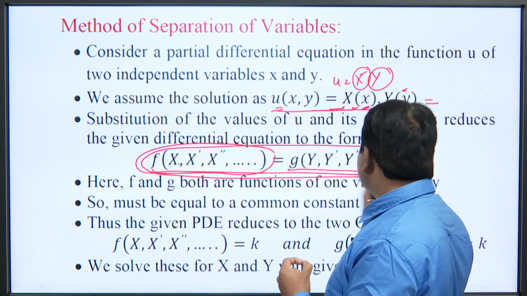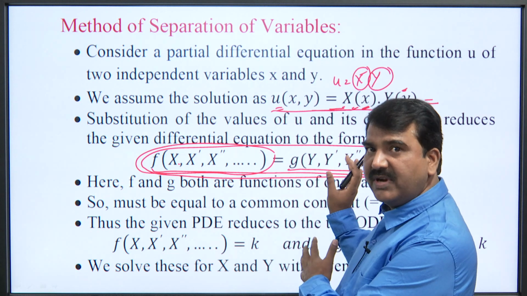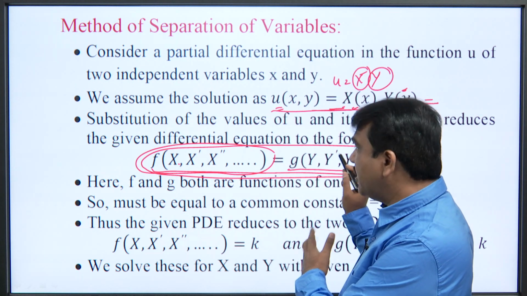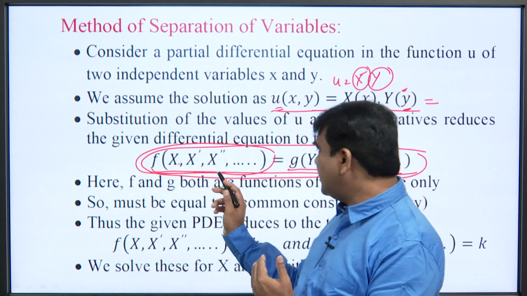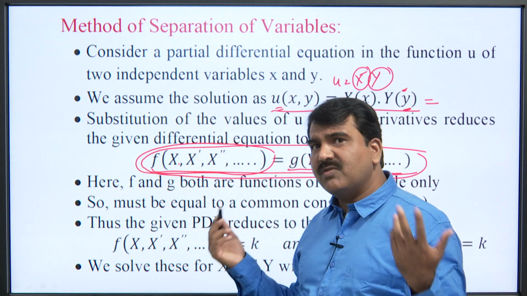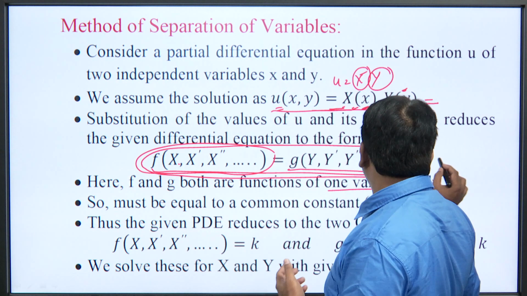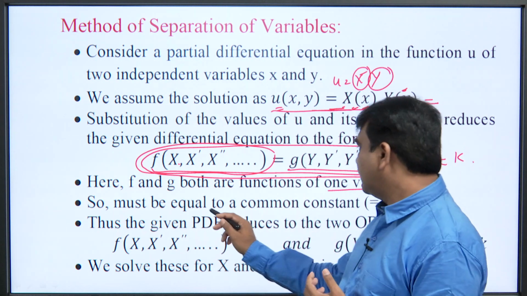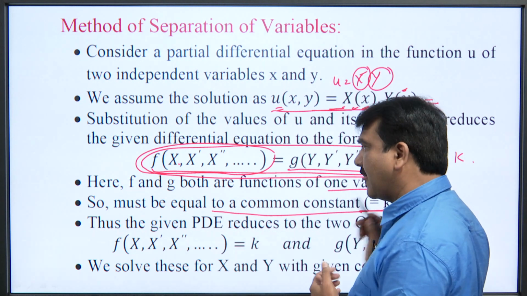So, this function contains y and its derivative, which will be the ordinary derivative. Here f and g both are functions of one variable only. So, it must be equal to a constant. Let us put this equal to a constant k.